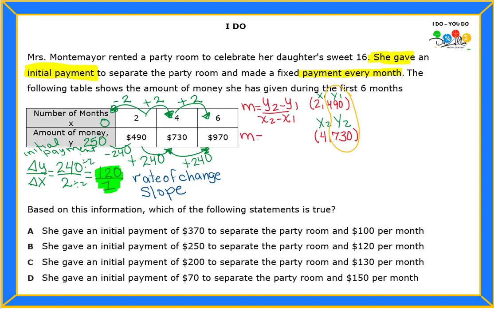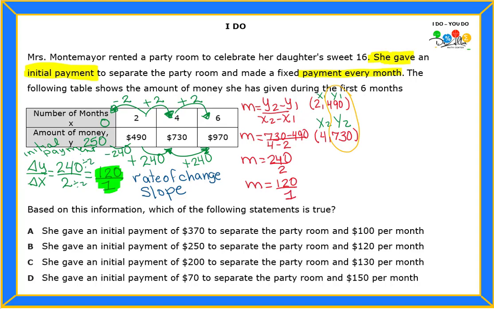So I'm going to write down y equals 730 minus 490, and x sub 2, it's 4 minus 2. And what would I get for that one? I'm going to get 240 over 2. And if you simplify this, you will get 120 over 1.